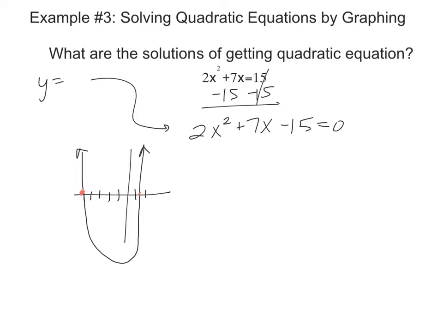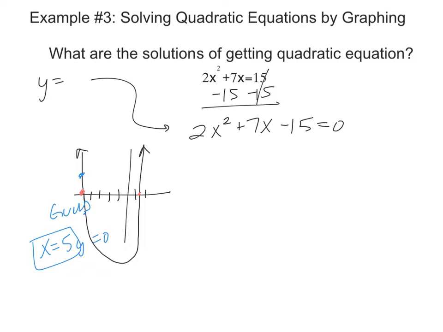After I typed this in, I would have gone to calc, down to the 0 option, and then it would have said left bound. So I would have gone to the left side of this one, and then the right side. So left side, enter, right side, enter, and then guess. And enter, and then it would have told me that x equals 5, y equals 0. So that would tell me that x equals 5 there.